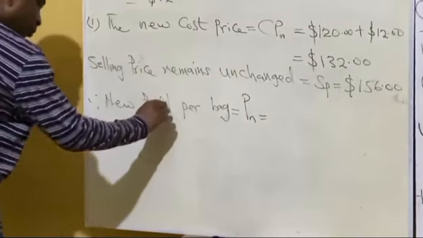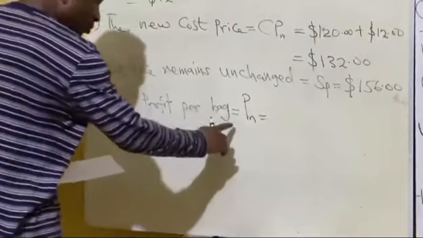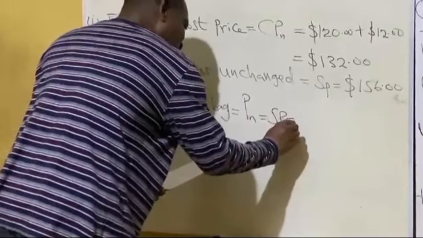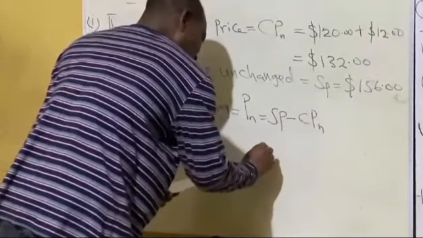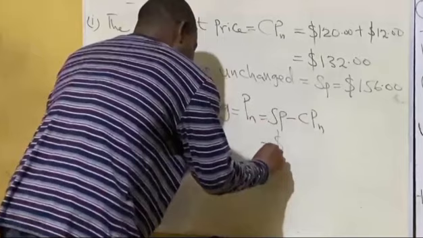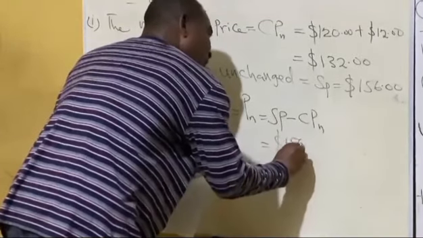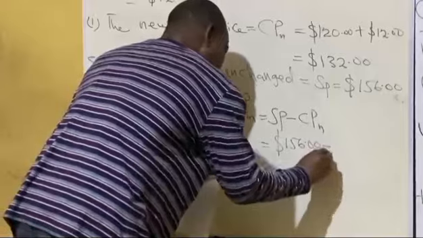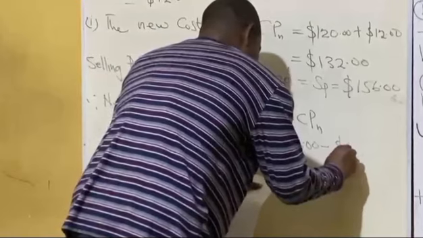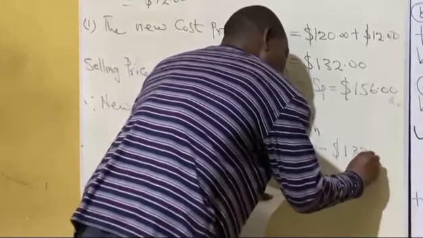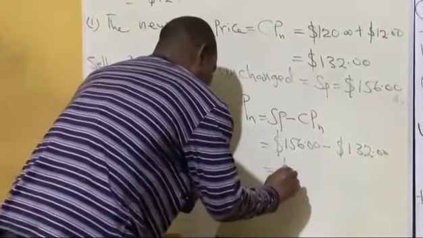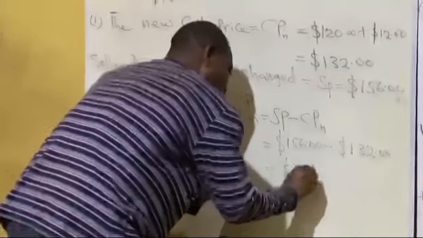Therefore, the new profit per bag, PN, is equal to selling price SP minus CPN. The selling price remaining the same, $156.00, minus the new cost price, $132. When you subtract, it is going to give us $24.